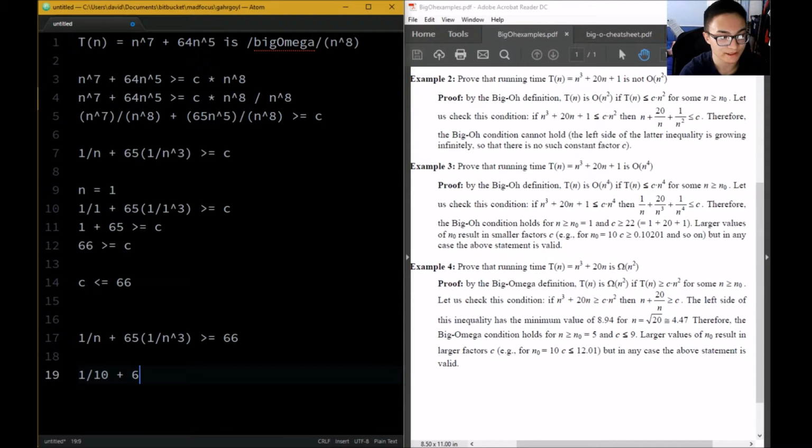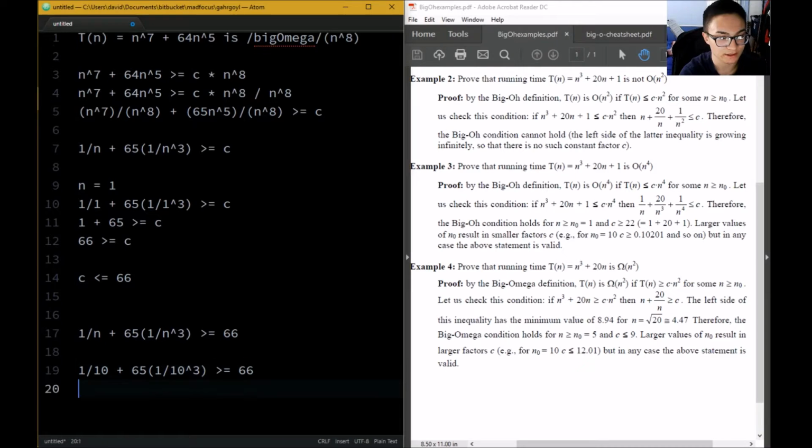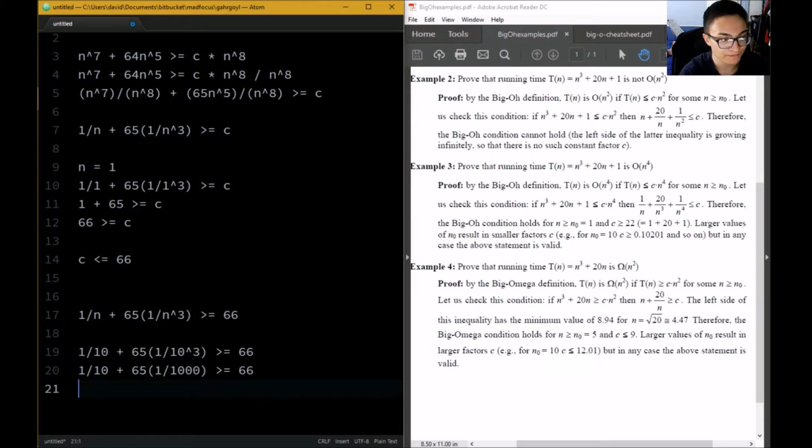It'll be 1 over 10 plus 65 of 1 over 10 to the 3rd is greater than or equal to 66. So then we have 1 over 10 plus 65 of 1 over that many is greater than or equal to 66. So then this is false. Yes! We're learning stuff.